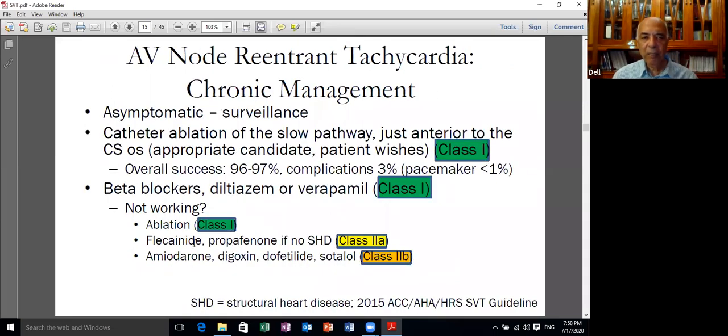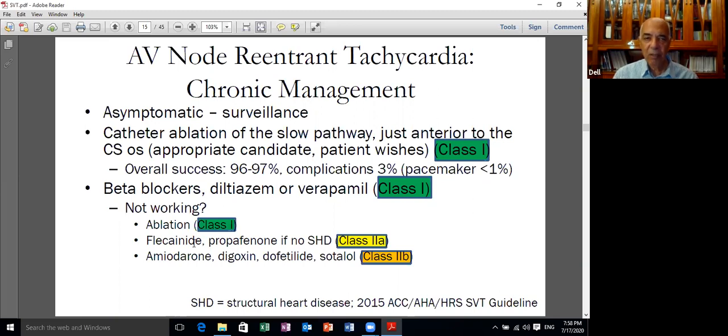For chronic management, if the patient is getting short episodes of tachycardia every few months, then surveillance is enough. Don't go to long-term chronic pharmacologic therapy, and don't advise ablation, because although ablation is very successful with a low complication rate, it's an invasive procedure.